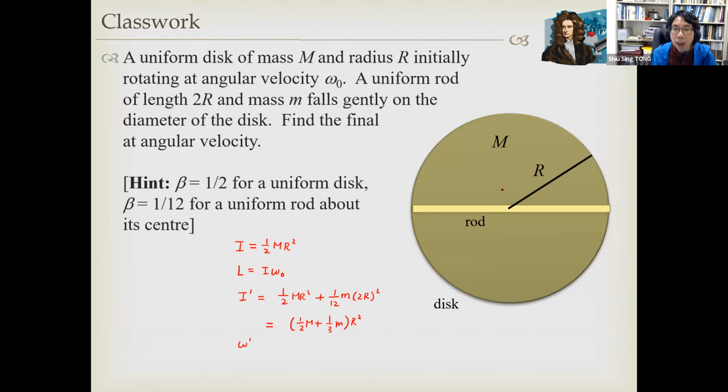Okay, so now by conservation of angular momentum, we got the new angular speed as I over I prime multiplied by omega naught, right? I prime is this guy. I is this guy, right?